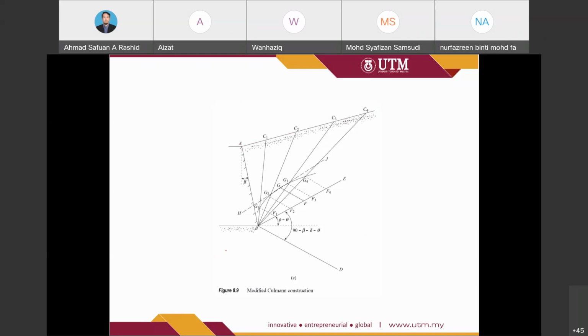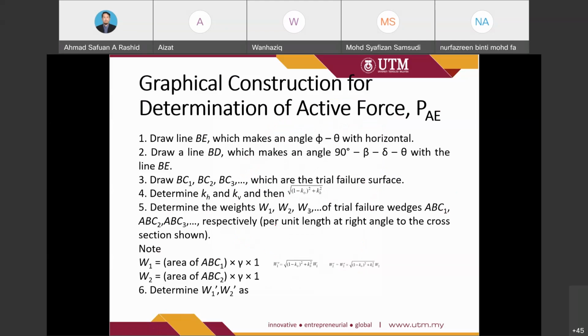Now we need to construct these lines to determine the PAE. So we need to look at the procedure for the graphical construction to get the PAE. First, draw line BE.